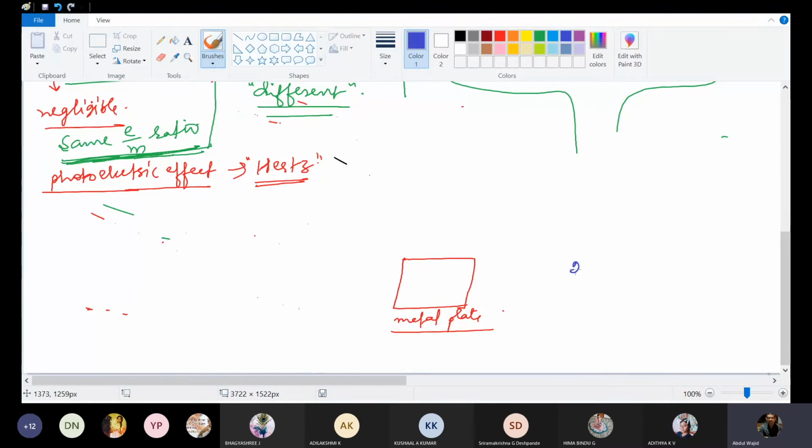That minimum frequency is called the threshold frequency. In physics, it is called the work function. And if we say a certain minimum energy is required for the excitation of valence electrons from the metal surface, that is called the threshold energy.